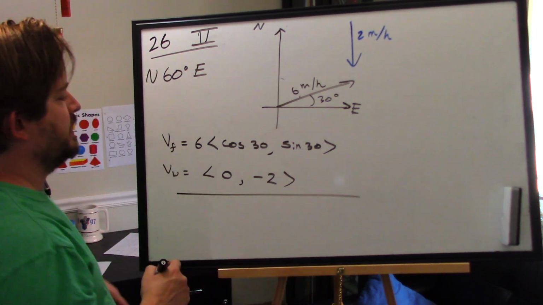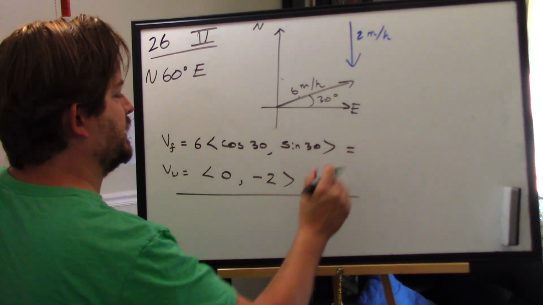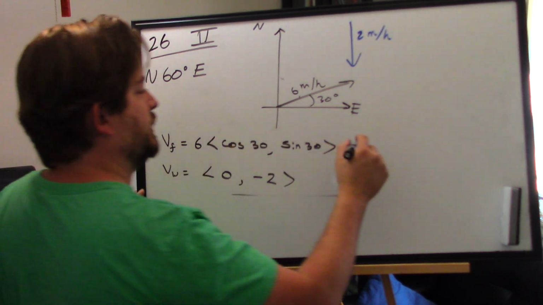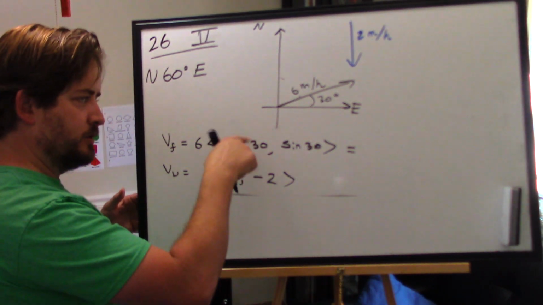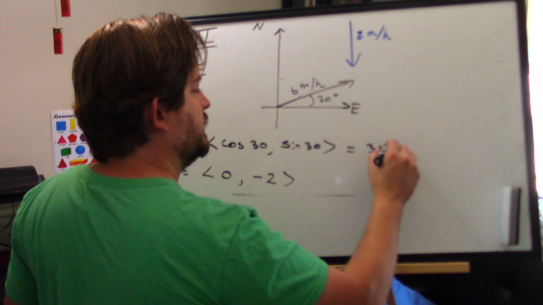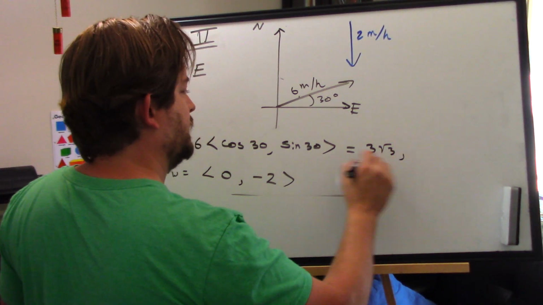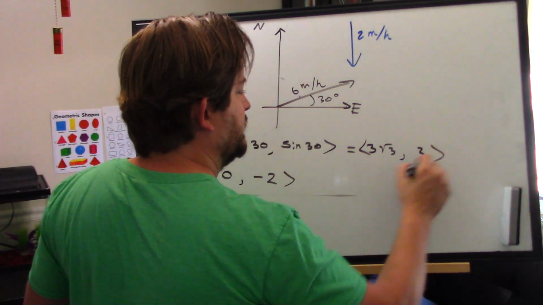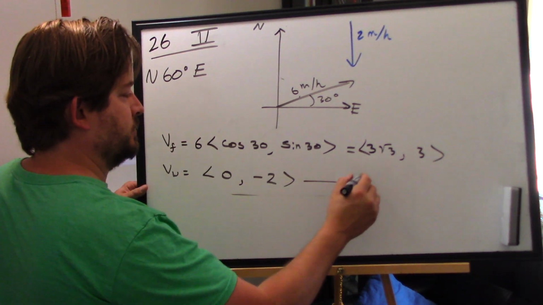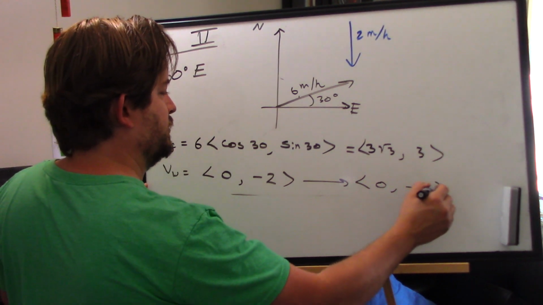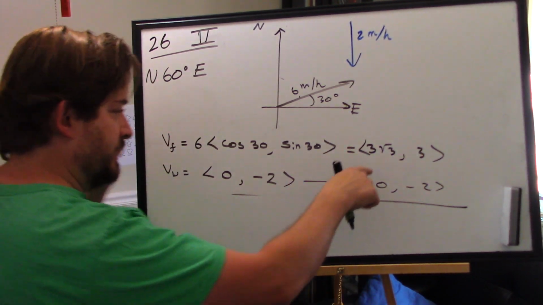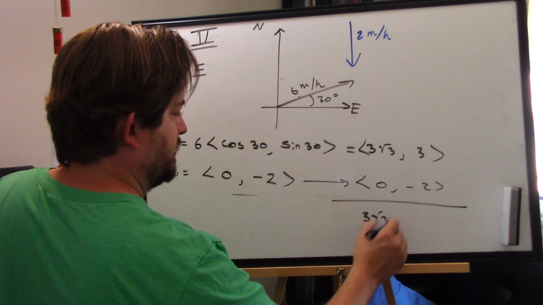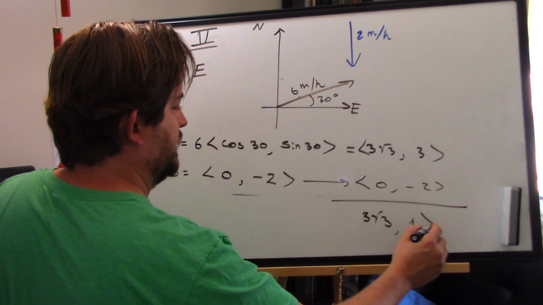Cosine 30 is root 3 over 2, so I have 6 times root 3 over 2, which is 3 root 3. Sine of 30 is 1/2, so 6 times 1/2 is 3. And then again, the water was 0, negative 2. So the combined velocity is 3 root 3 plus 0, or 3 root 3, comma 3 minus 2, or 1.